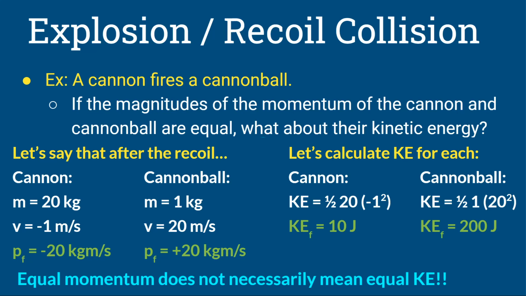It is possible for one to be conserved, but not the other. In fact, the only time kinetic energy is conserved is in certain types of bounce-apart collisions. That's it. Okay, the rest of these, you're not going to have conservation of kinetic energy with a stick together or with a recoil. So just wanted to point that out. Conserving momentum does not necessarily mean conserving kinetic energy.